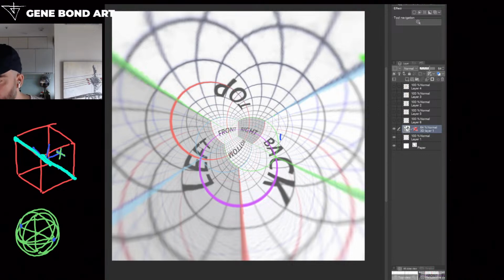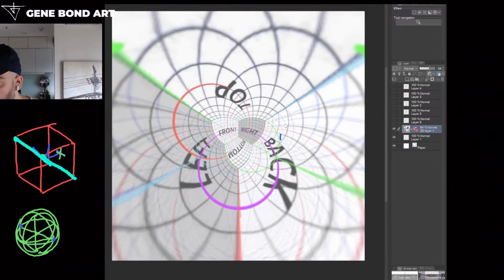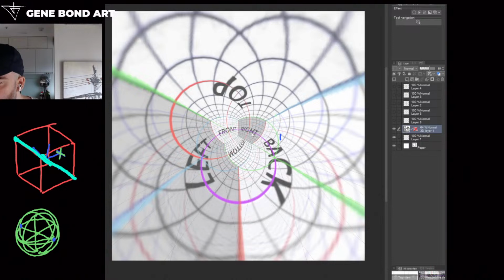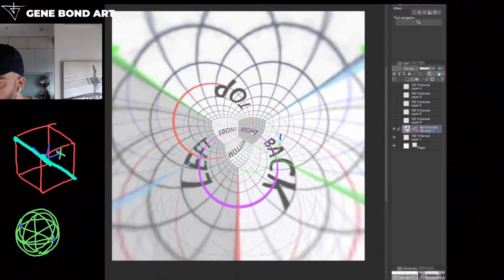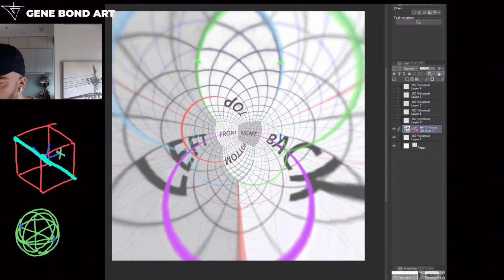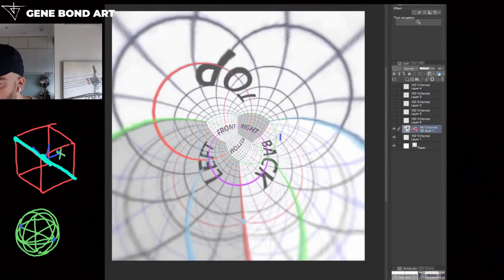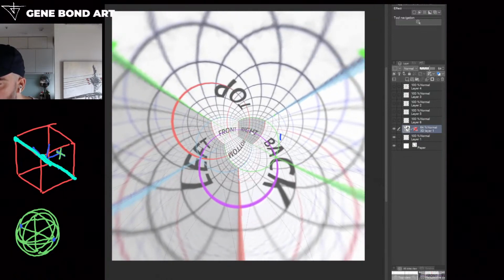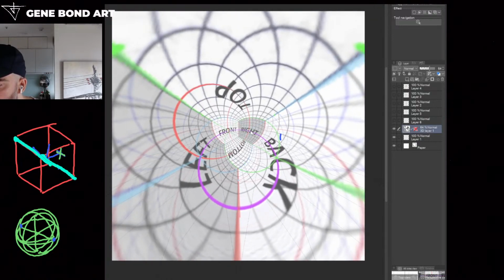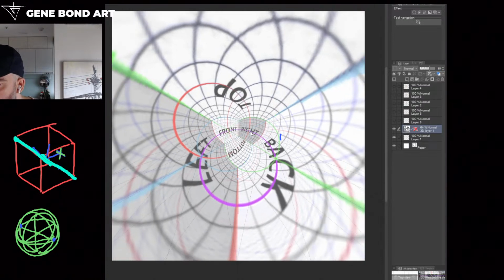So here I make these blue and green lines which go through corners. See, now they're bent. Here they're bent, but I catch when they're straight. Okay, about here.